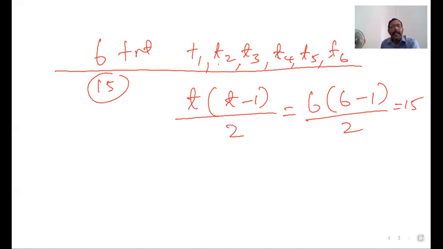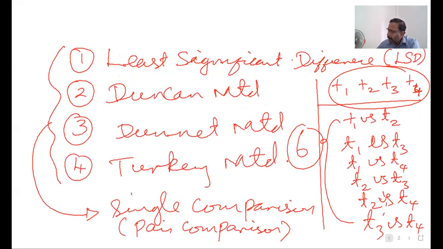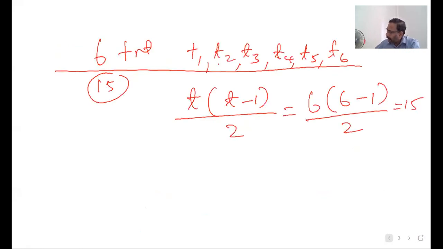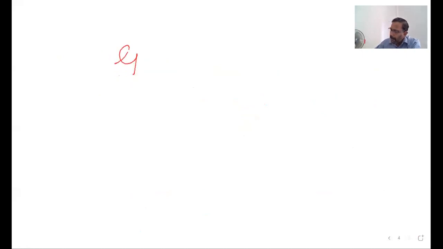So all the methods that I have mentioned here compare one at a time. Right? Then the other type of comparison is called group comparison.